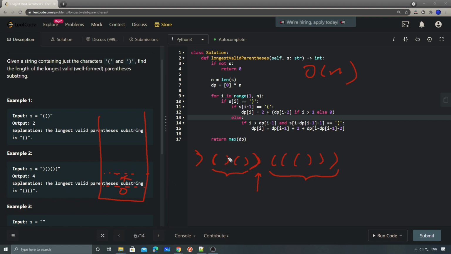So if we use the current index I and subtract the top one from the stack, then we have the valid string length. Then again, another left parenthesis gets pushed in, which is index 3, and the next one is 4, which is a right parenthesis.